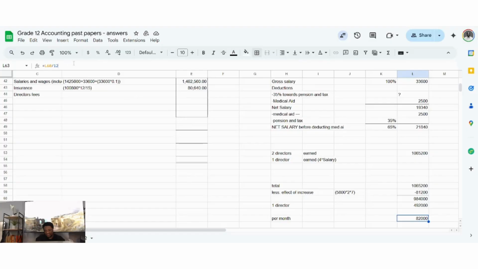That seems quite high. Yes, I put the wrong amount. It should have been 492,000 divided by 12, which works out to 41,000. So they would have earned 41,000 per month. And so before the increase it was 41,000, and after the increase, it means they earned 46,800. But the new director only would have earned 4 times the salary, which would have been 41,000.